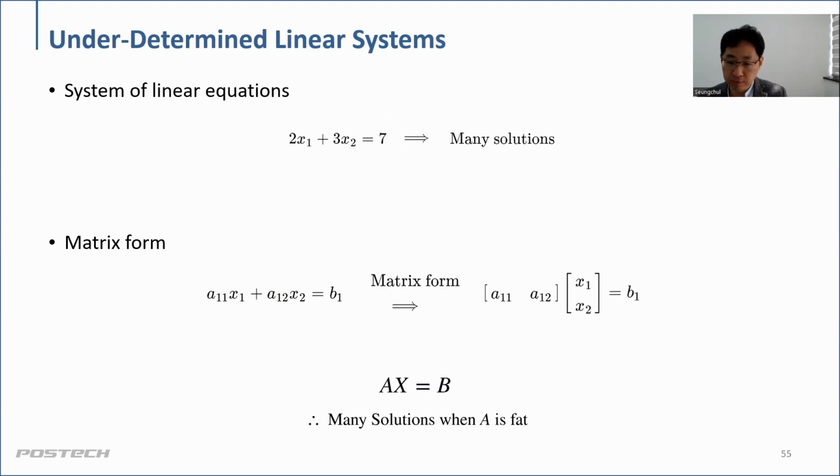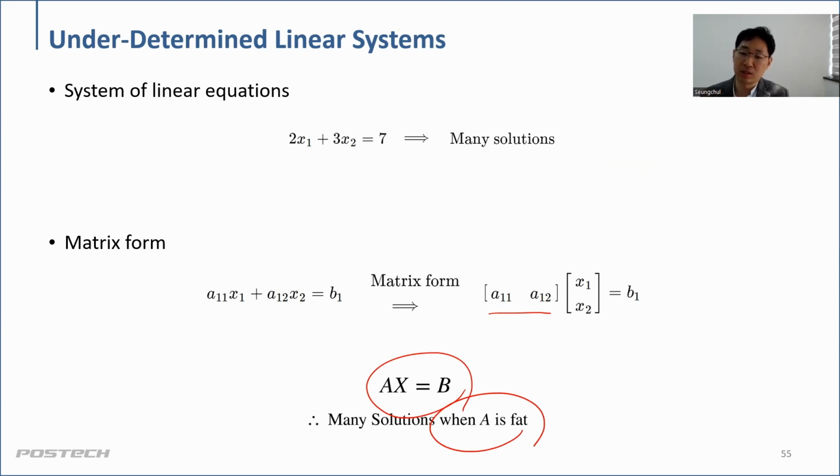In the matrix form, A x is equal to b is the same, but the dimension or shape of the A matrix is different. Just remember the shape of the A matrix is flat.